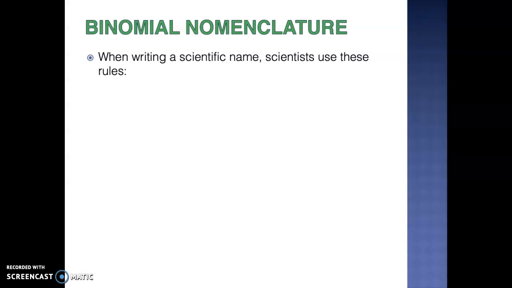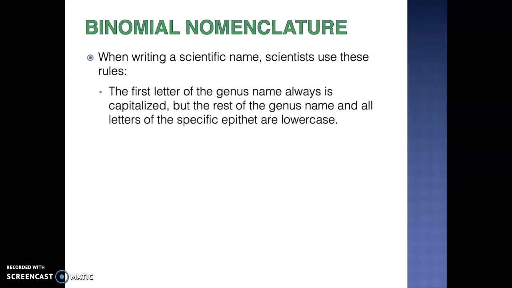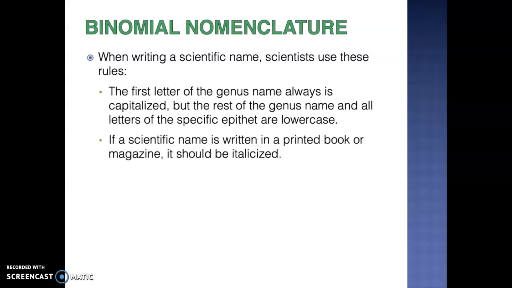When writing a scientific name, scientists use particular rules, and it's always written the same way. The first letter of the genus name is always capitalized, but the rest of the genus name and all the letters of the species are in lowercase. When a scientific name is written in a printed book or magazine, it needs to be italicized, which is letters in a slanted form.